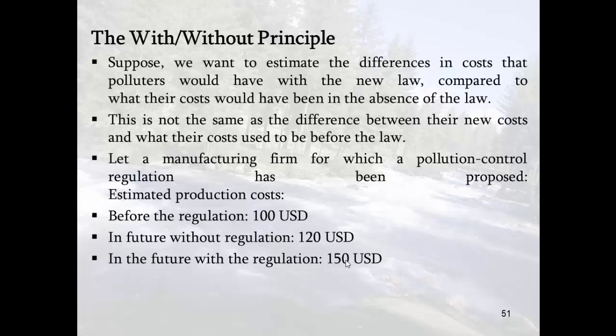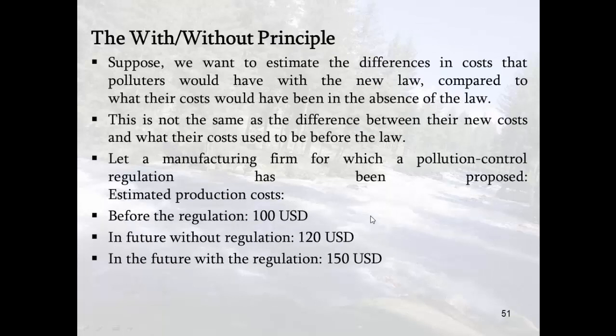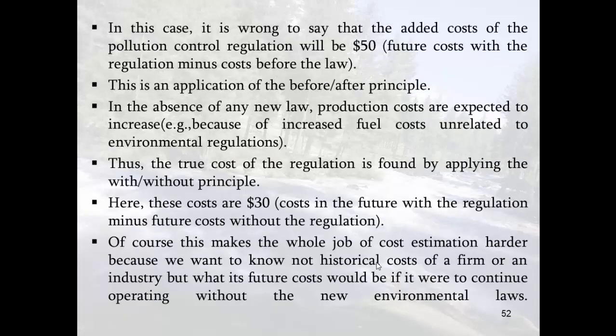This is wrong because in the future it may happen that the production cost may increase due to an increase in the price of the inputs or due to other reasons as well. So the approximation of the pollution cost as $50 is not an appropriate estimation, and we are making a mistake there. In the absence of any new law, production costs are expected to increase because of increased fuel costs.